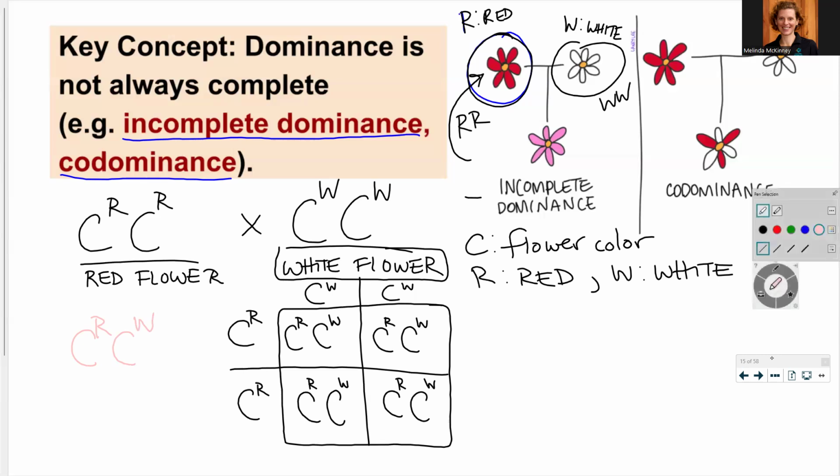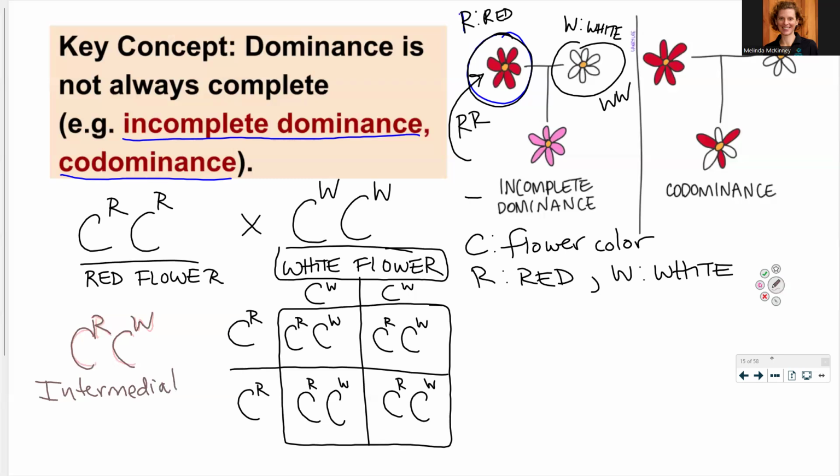Over here, this genotype in incomplete dominance is going to be intermediate, like a blending of the red and the white. So in this case, it's pink. This is the case of incomplete dominance.